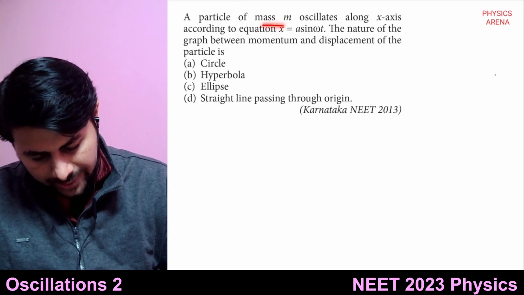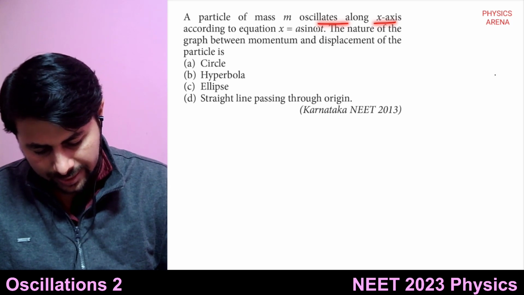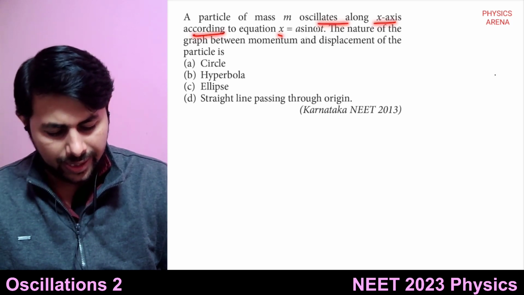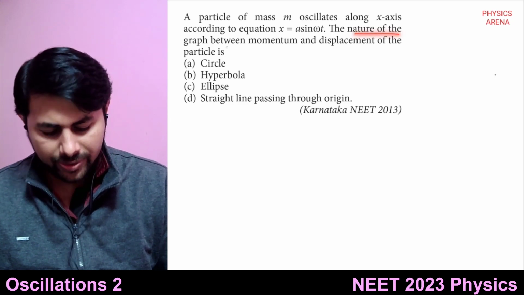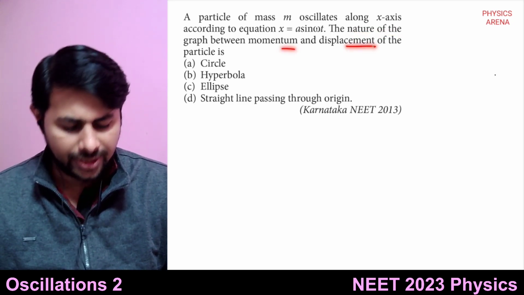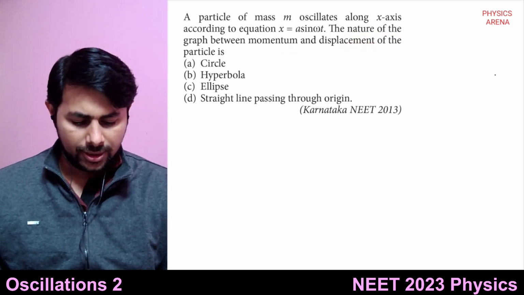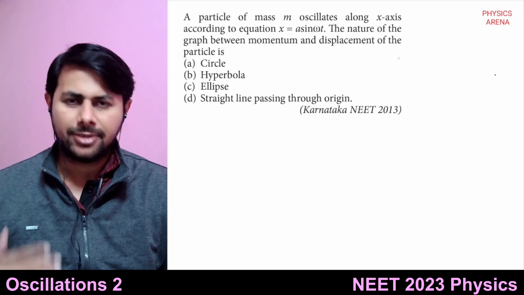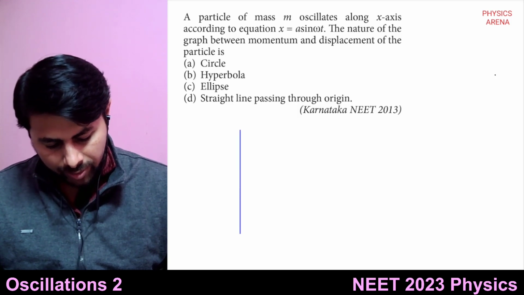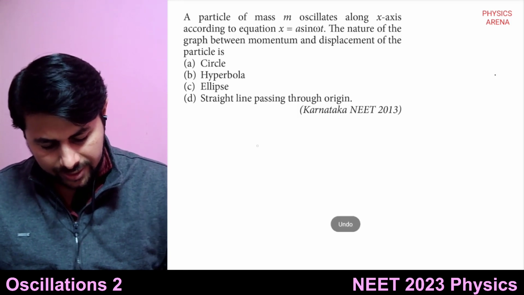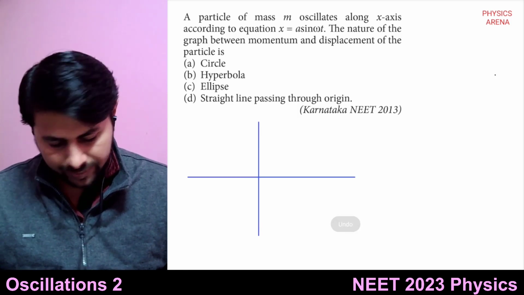A particle of mass m oscillates along the x-axis according to the equation x equals to a sine omega t. The nature of the graph between the momentum and displacement. We want the graph between momentum and displacement. That is, on the y-axis we'll plot momentum, on the x-axis we'll plot displacement.